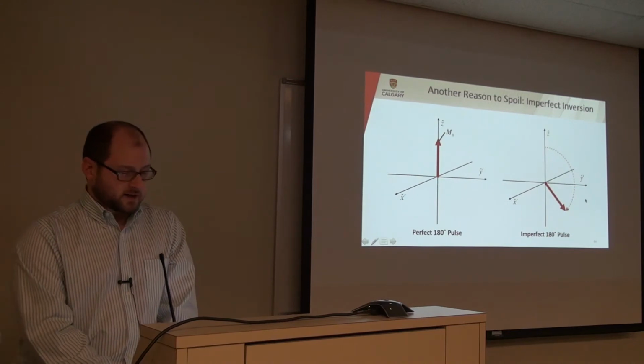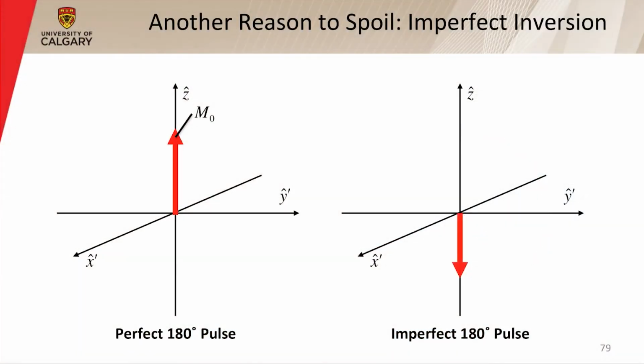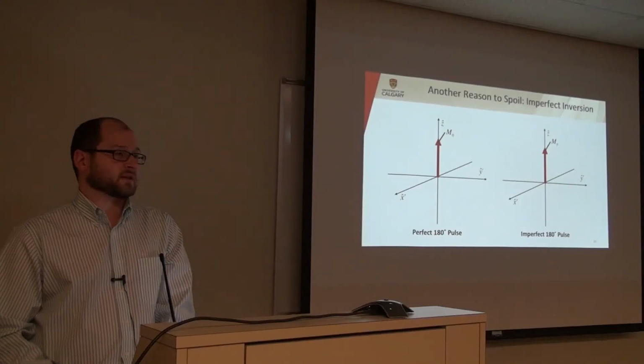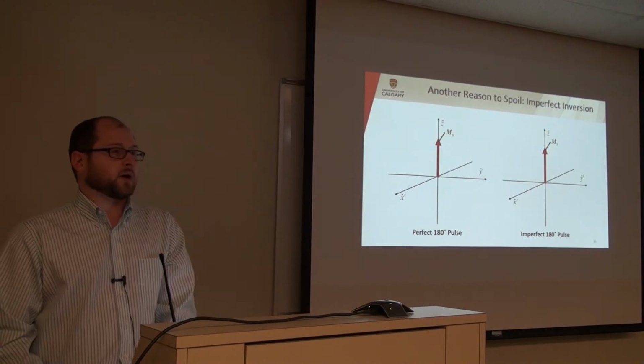But by applying spoiling, we can basically wipe out any of that transverse component and then follow along with our regular T1 recovery curve from there. Okay, so a lot of times what you'll see is after inversion pulses, just some simple spoiling.